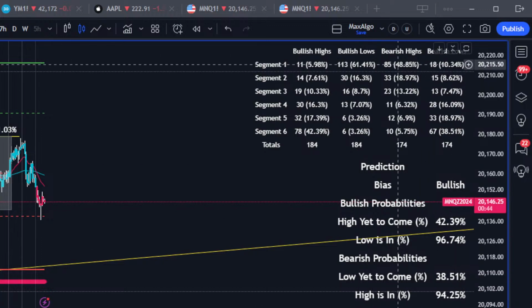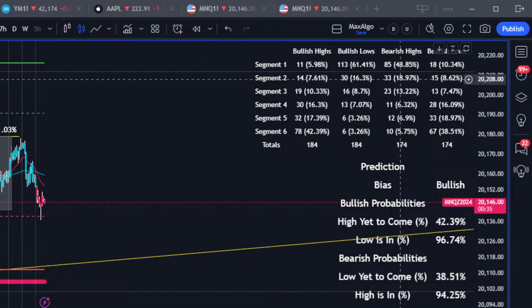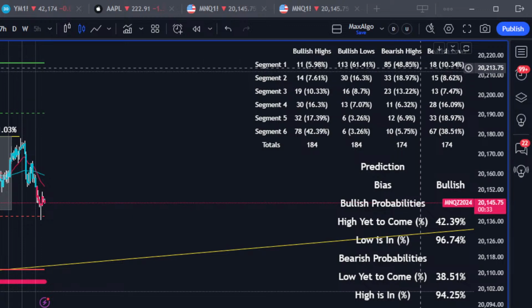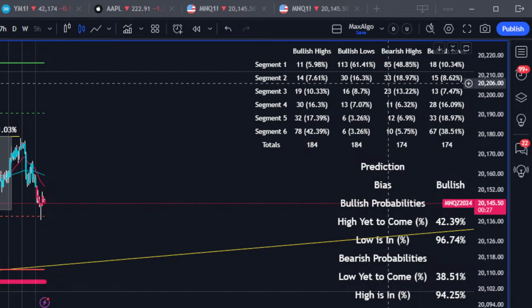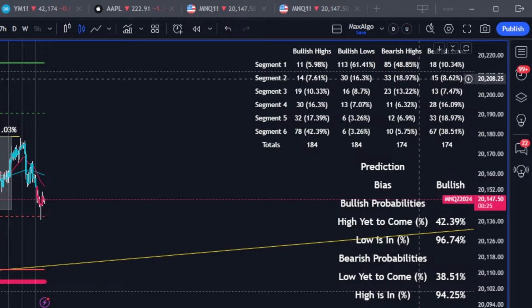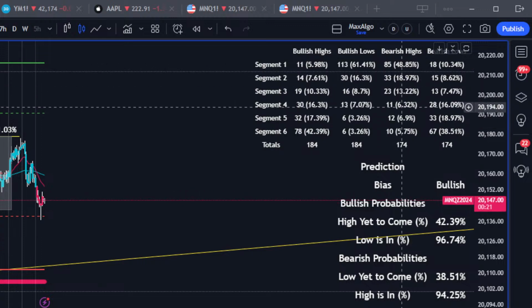As we go through the segments, while we're in segment 1, we haven't gone through anything. As soon as we pass through segment 1 and that's completed, 48.85% of all the highs are in. So that means there's a 51.x percentage left where we had the high.